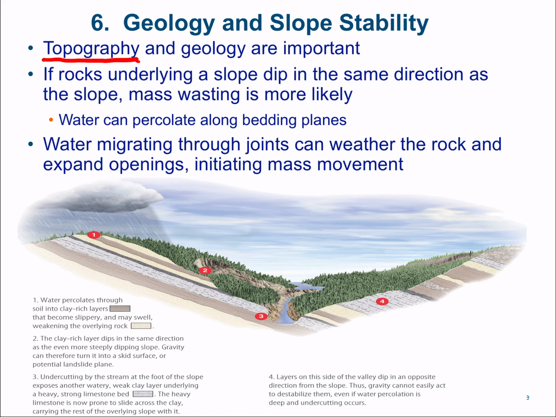If my rocks underlying a slope dip in the same direction as the slope, my mass wasting is going to be more likely. Water will percolate into the bedding planes and they'll just slide, like a slip and slide would be. That would increase the mass movement, the mass wasting.